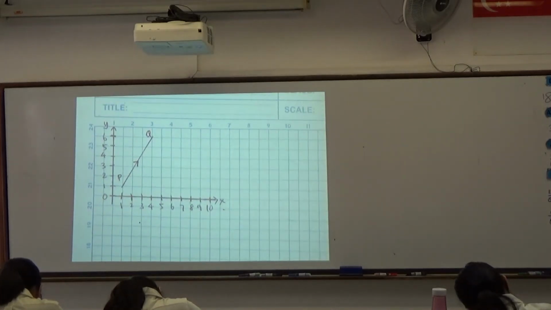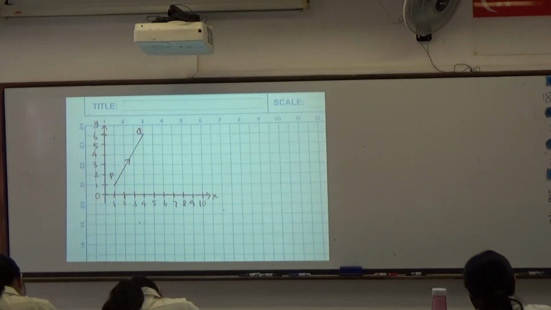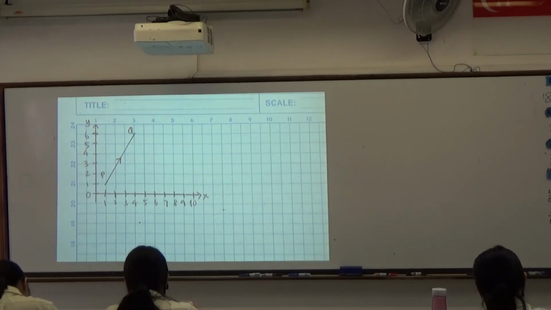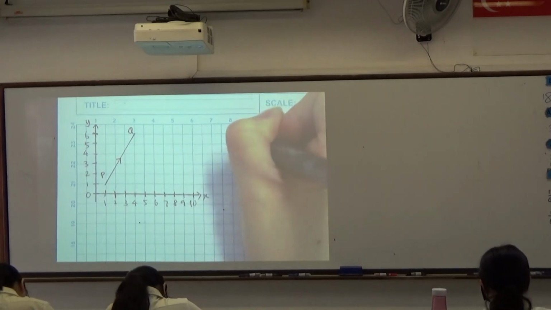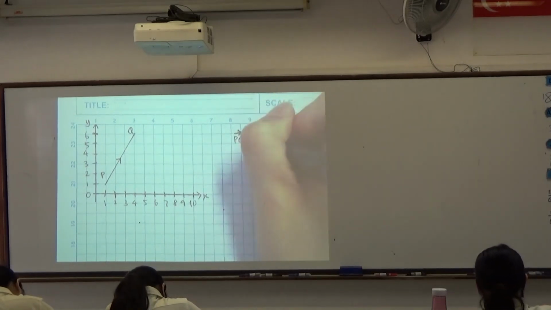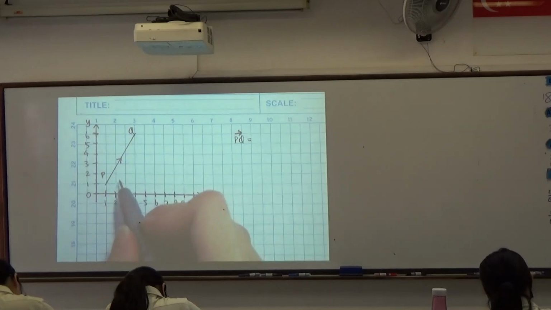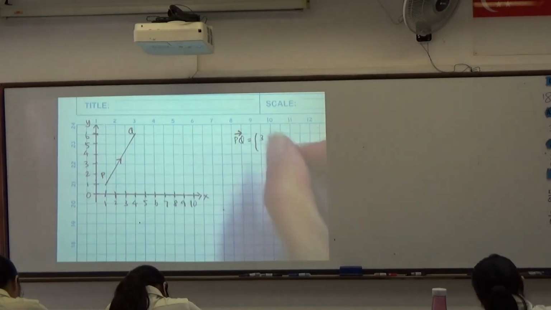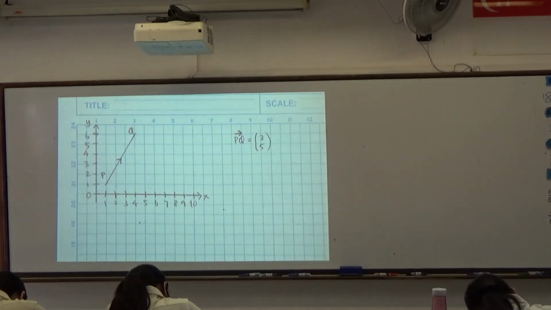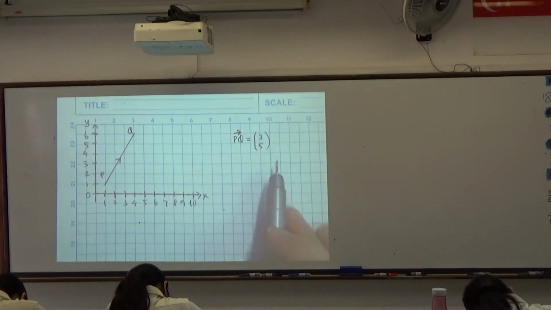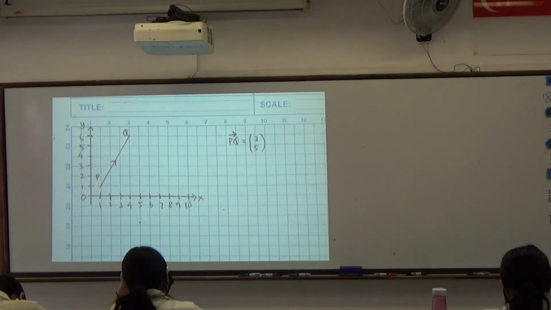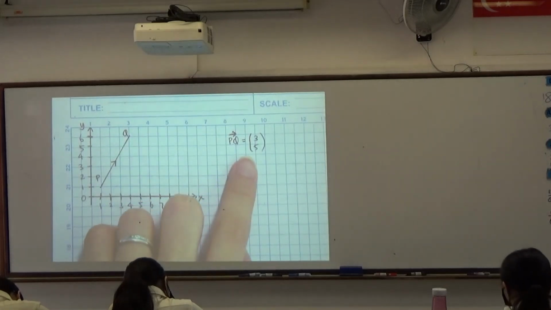I can represent this PQ with certain numbers. In this case, PQ is equal to 3 and then 5. So we represent it like a column matrix, but for a vector, because you're doing it in 2 dimensions, there are only 2 values.